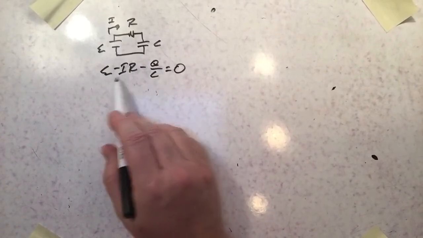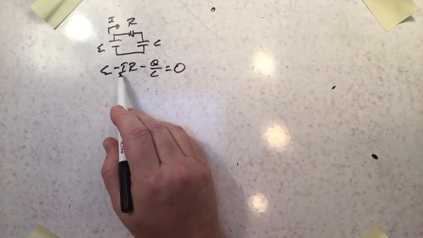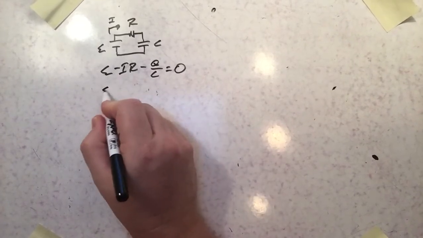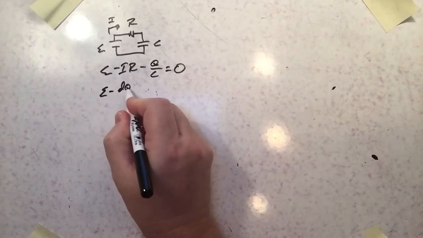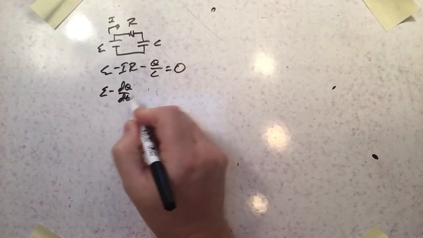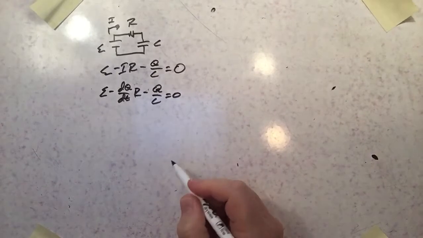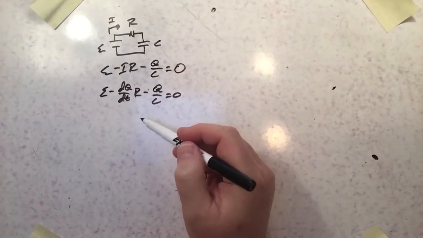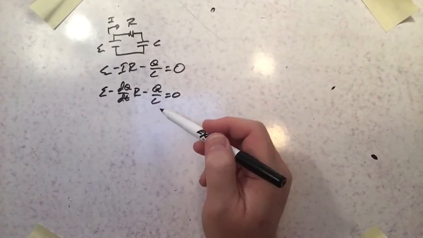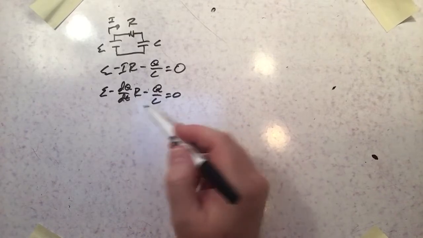It's differential because that right there, I, is dq/dt. So this contains a function and its derivative. Q will change over time, I will change over time. So we get EMF minus dq/dt times R minus Q over C equals 0. Now I'll do some algebraic manipulation to this in order to put it into an easily separable form. It's a couple of steps.